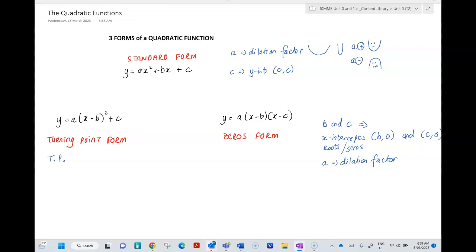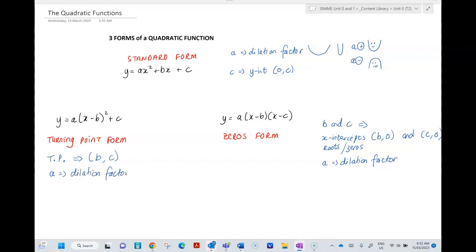I'm just going to write TP. The turning point is given by these values, whatever b is and whatever c is. When we look at each one of these specifically in more detail, we'll go through all of this again, but I'm just giving you the big picture now. So the turning point is (b, c). And again, the a is my dilation factor.